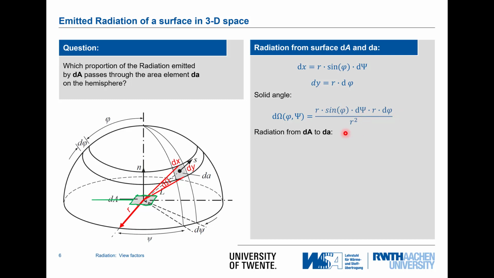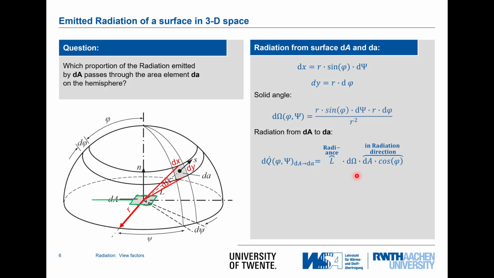And this can now be put into an equation, and you see here dQ dot from capital A to small a surface increment is L, I will explain what L is, times dΩ times dA times cosine φ.